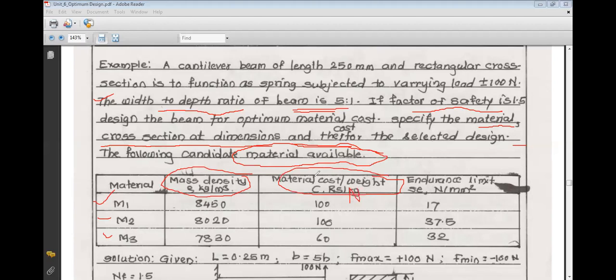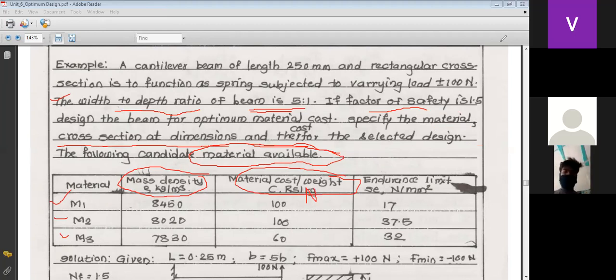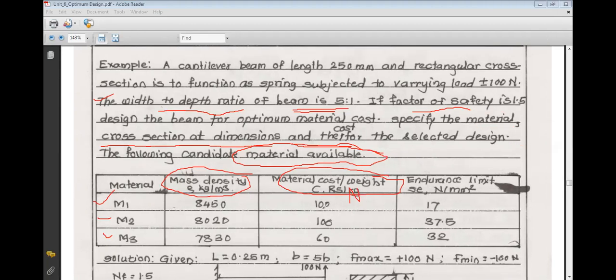It is not given as material cost per unit mass, but as material cost per unit weight. Then the endurance limit, or endurance strength, denoted by Se, is given in Newton per mm square.